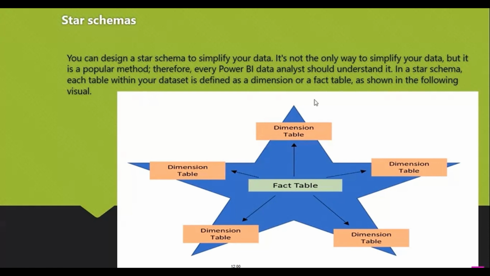So if you look at this star schema model, we have a fact table in the center, as I told you, and this is connected to all our dimension tables. But we cannot have a relationship between two dimensions directly in the star schema. The dimension tables are all connected to our center fact table, but the two dimensions are not connected to each other. But in some cases, it may be possible that you have to connect two dimensions with each other.